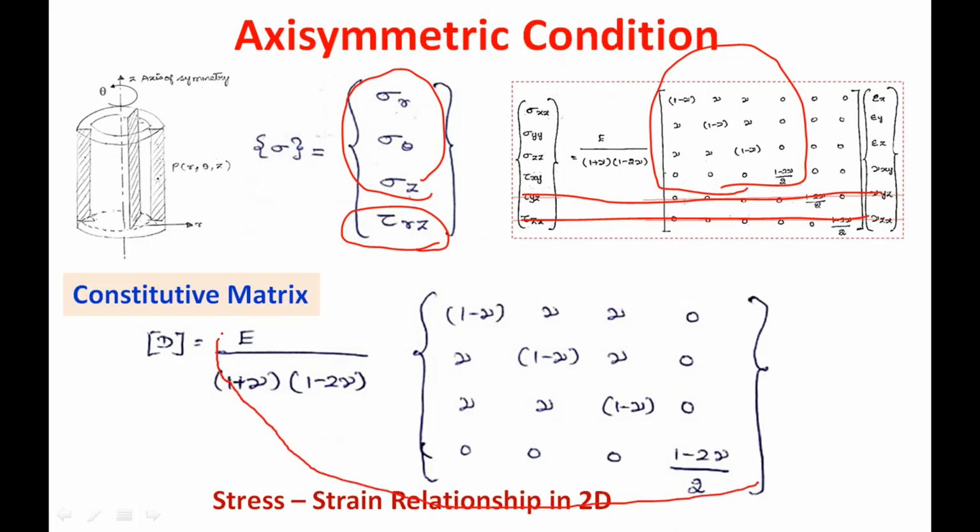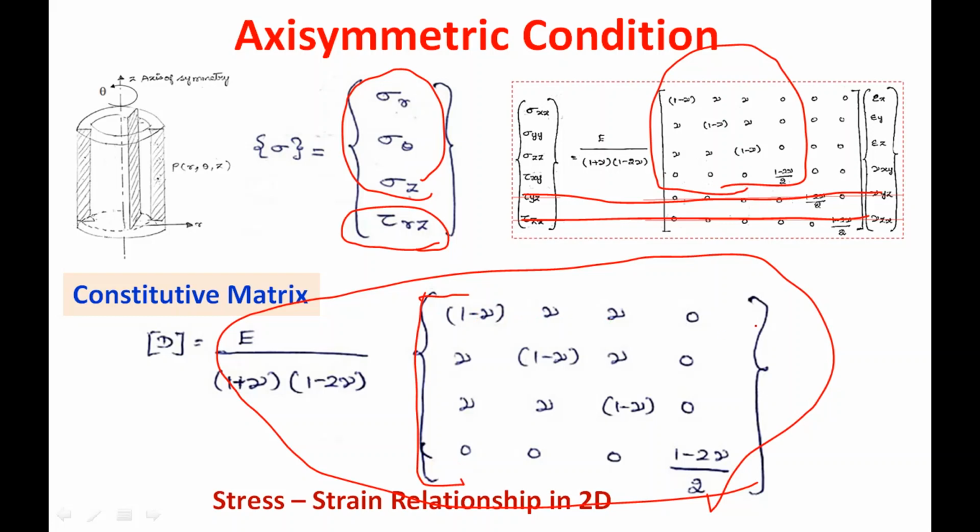This is the constitutive matrix for the axisymmetric condition: E divided by (1 plus nu)(1 minus 2 nu), and inside is a square matrix with rows: 1 minus nu, nu, nu, 0; nu, 1 minus nu, nu, 0; nu, nu, 1 minus nu, 0; and 0, 0, 0, (1 minus 2 nu) by 2. So this is the stress-strain relationship in 2D.